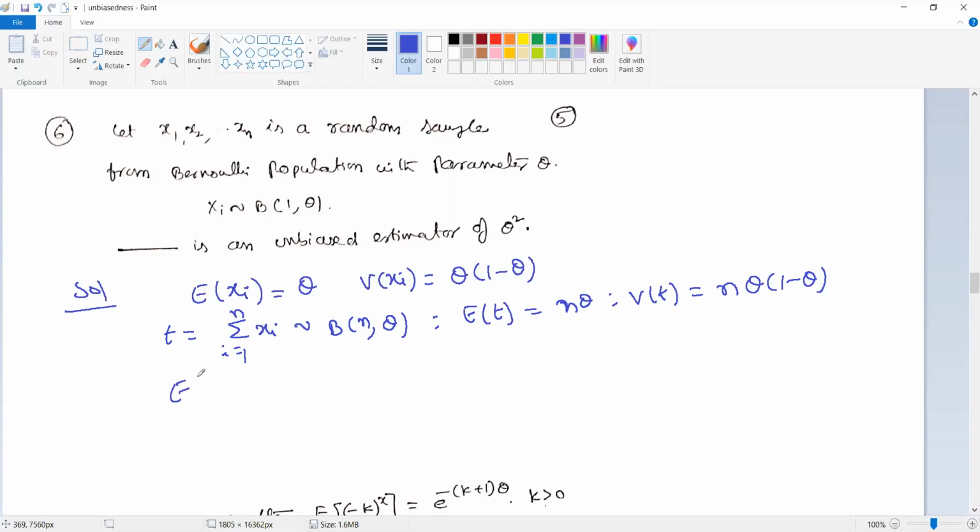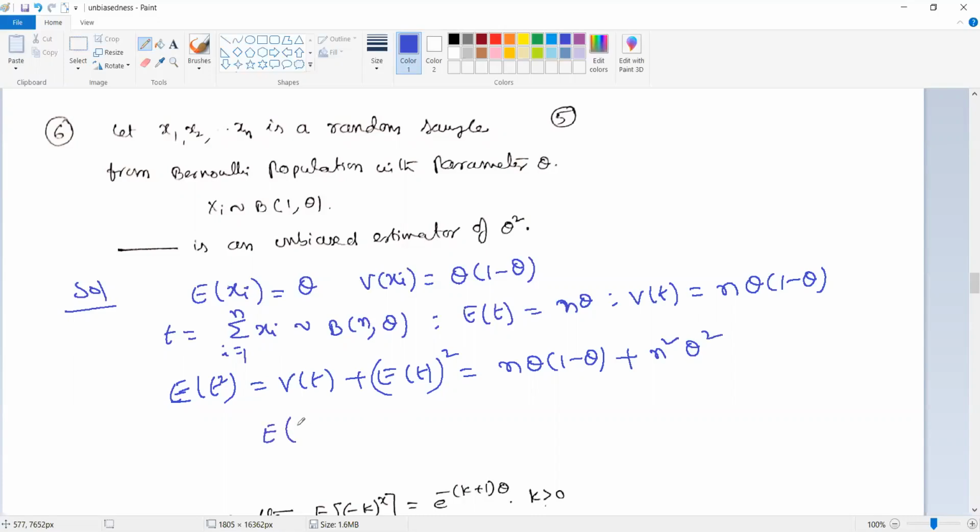Expectation of T square is equal to variance of T plus expectation of T whole square. Variance of T is n theta into 1 minus theta, plus n square theta square. Expectation of T square can be written using a partial fractions technique.